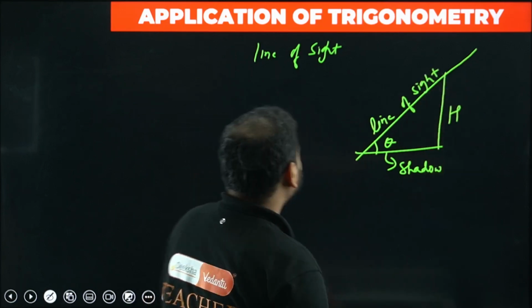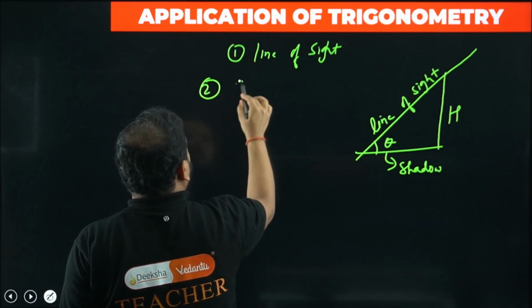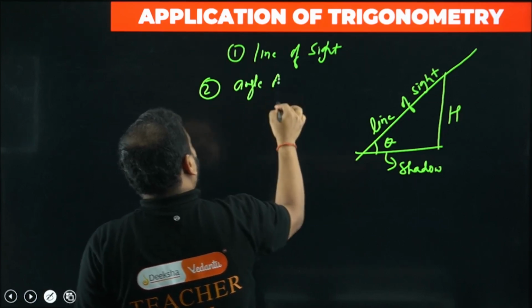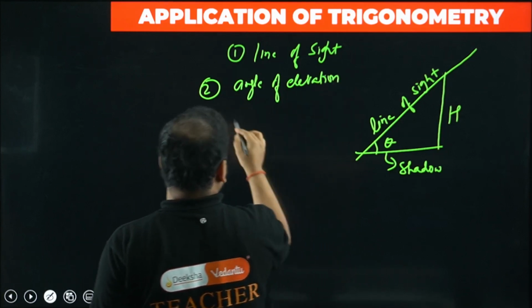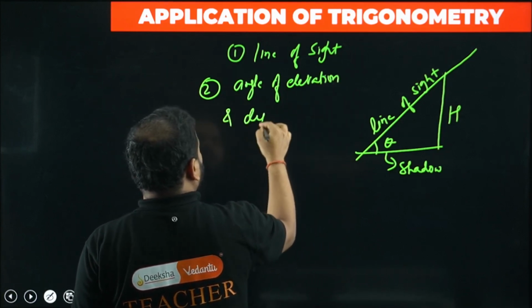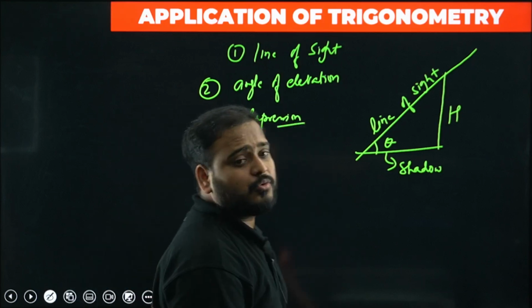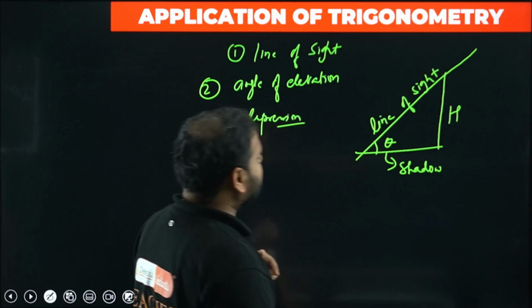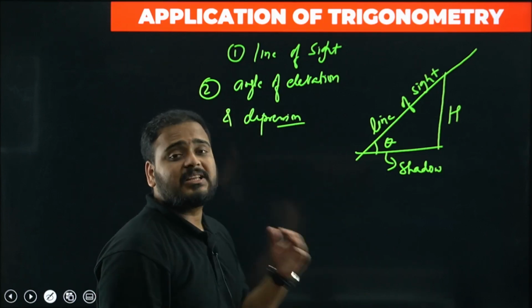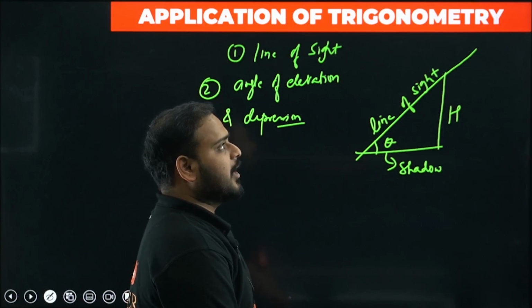Now two more things, numbers are there, the definitions are there. First one over here, second one is angle of elevation. Also we have angle of depression as well. So what are these two? Please check. Let's say I'm standing over here looking at an object.